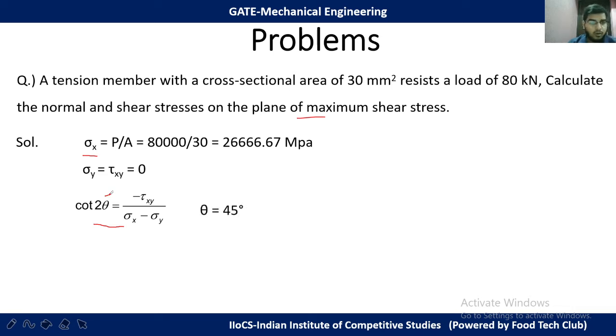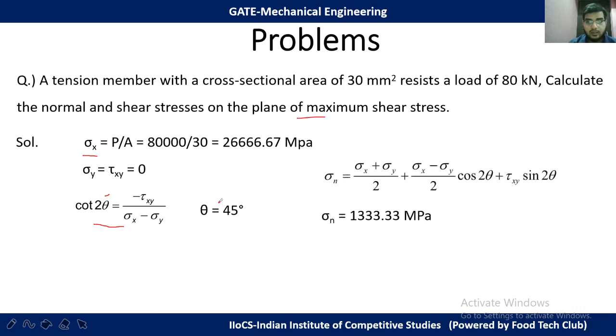After putting all the values, we will get theta is equal to 45 degree. Then we will use this formula of normal stress, and we will put the value of sigma x, sigma y, and the value of theta. From this equation, we will get the value of normal stress, which acts on the plane of maximum shear stress.